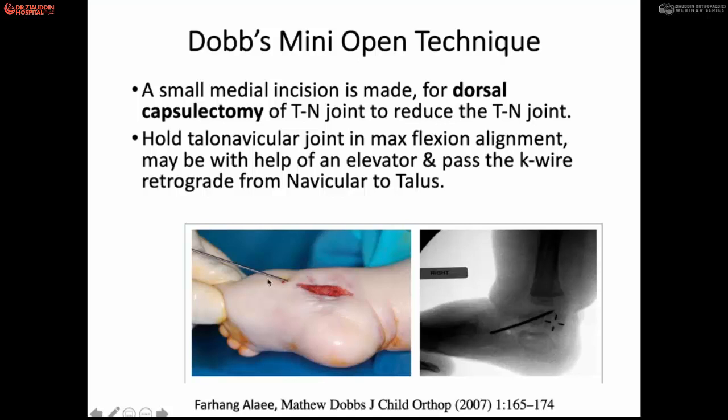Then you insert a K-wire through the talar head and bring it out posteriorly, and then reduce the talonavicular joint by keeping the talus upward and the navicular on the plantar and medial side, and then proceed with the K-wire through the talonavicular joint. This is just a 2 centimeter incision, and then you do the Achilles tenotomy.